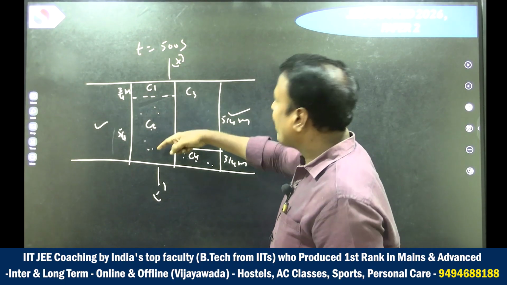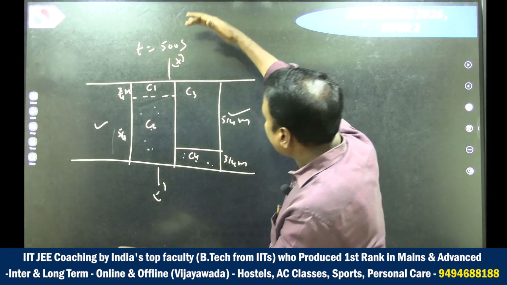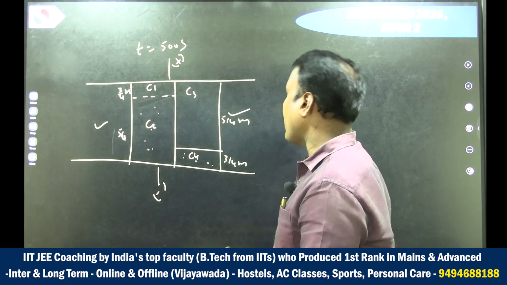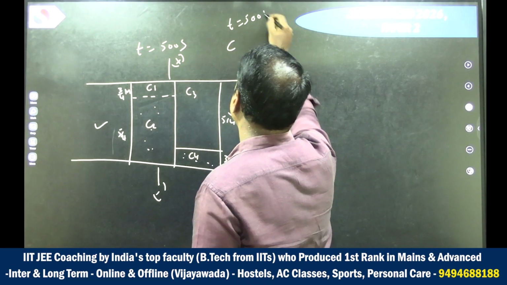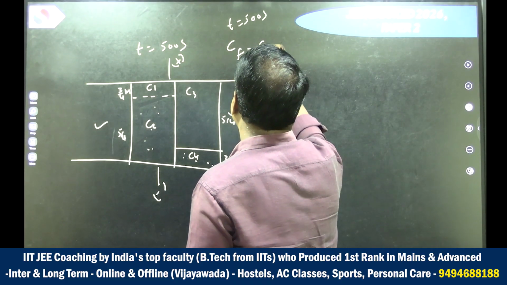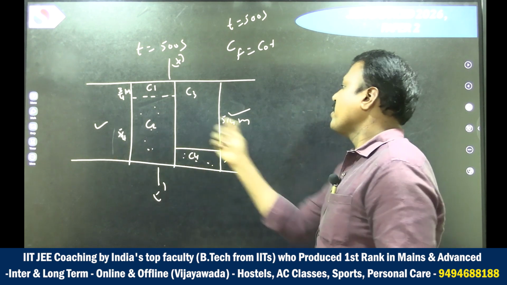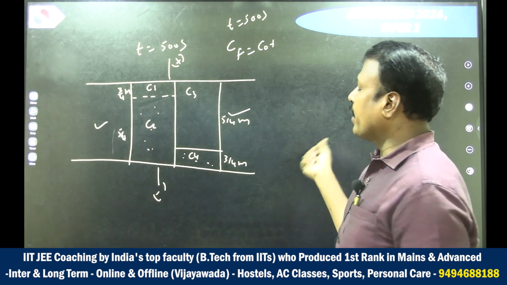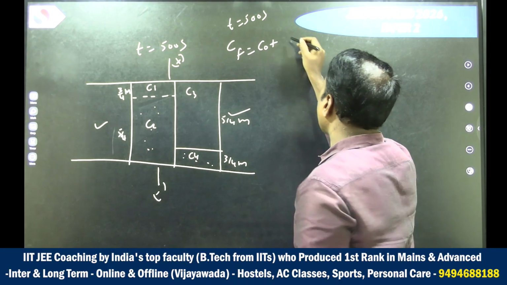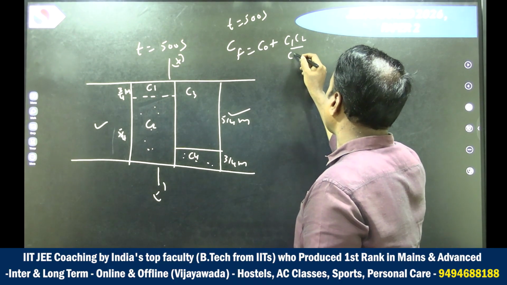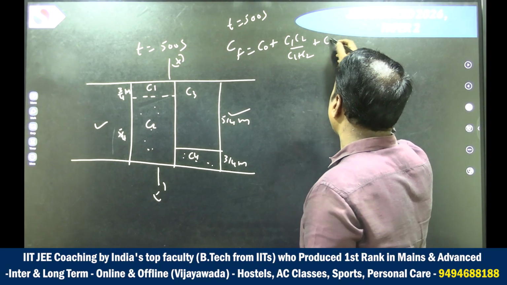Now, C1 and C2 are in series. C3 and C4 are in series. But entirely all of them are again in parallel. That's why the capacitance at t equal to 500 seconds we can find using C0, the capacitance of the empty space on the extreme left and right sides, plus this particular portion, which has two capacitors C1, C2 in series, so C1 C2 by C1 plus C2.